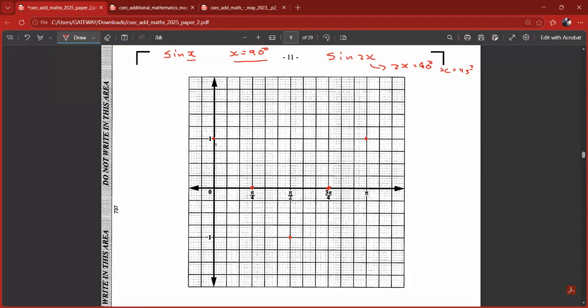And then you just connect it. Well, it should have passed through that point. Something like that, right? This is y is equal to cosine 2x.